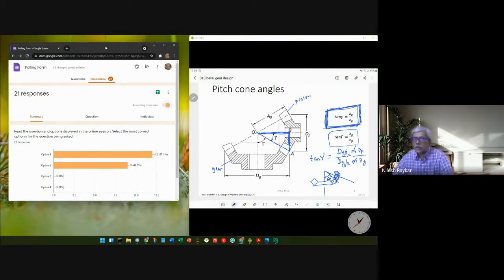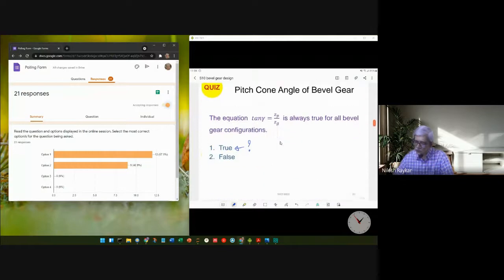Note that this particular equation that we developed is true only if there is a right triangle being formed here. If this particular line OB is inclined, then this expression will not hold true. So the correct answer is no. Just remember that you cannot blindly use this expression for any bevel gear configuration. Only when axes are perpendicular can you use this.